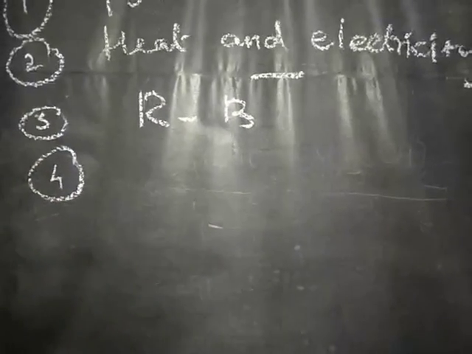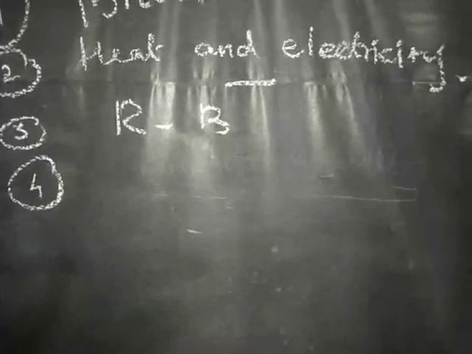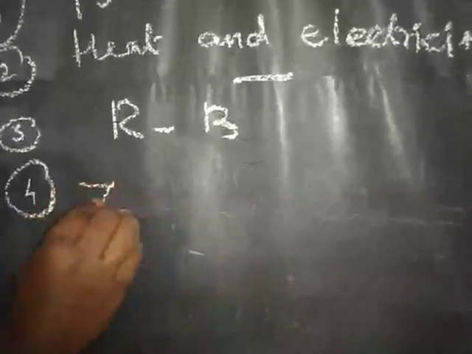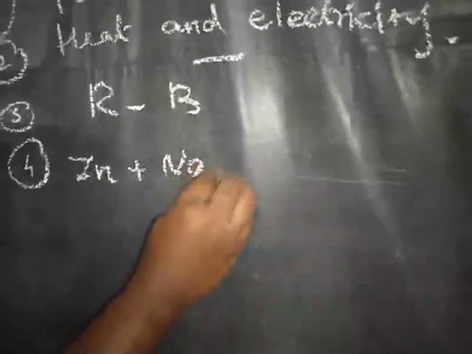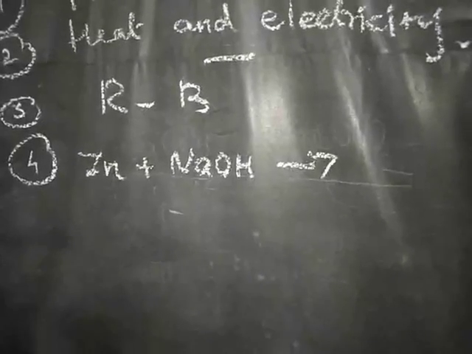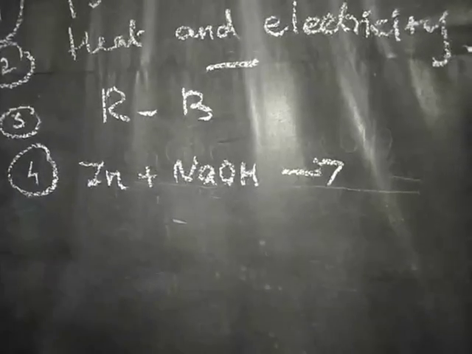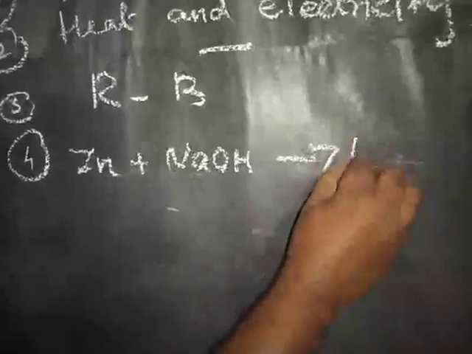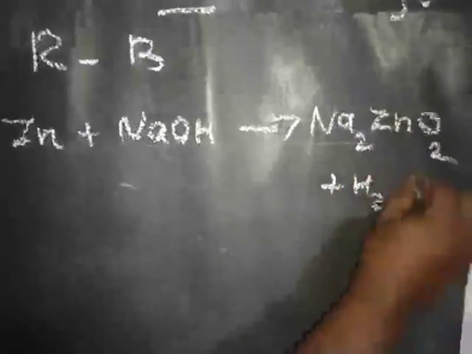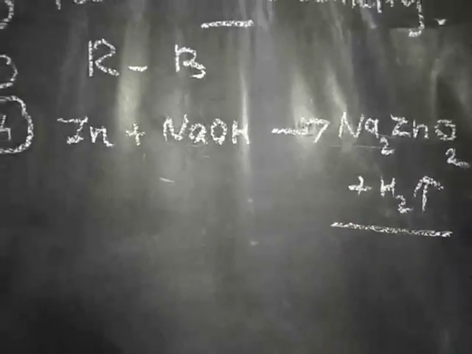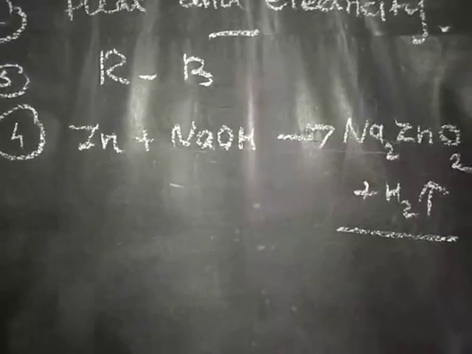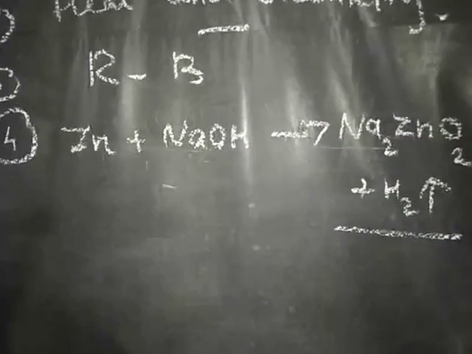Fourth point: bases react with metals to form salt with the liberation of hydrogen gas. NaOH gives salt and hydrogen gas, H2.